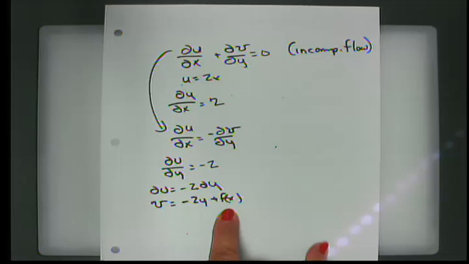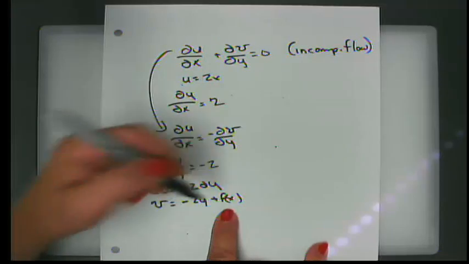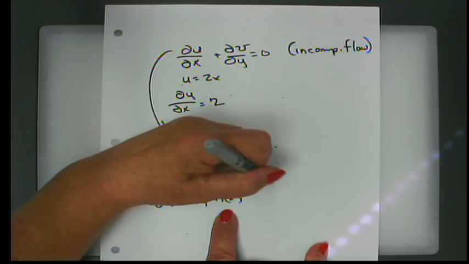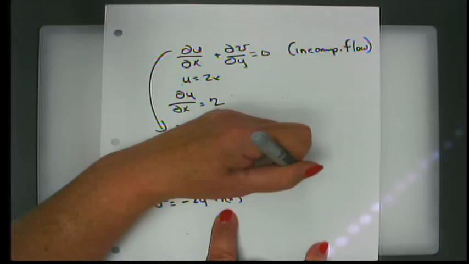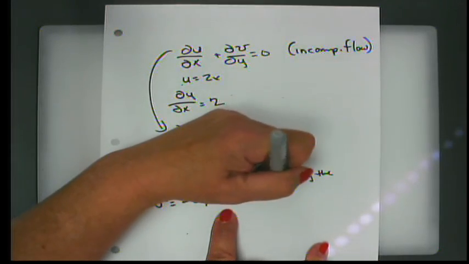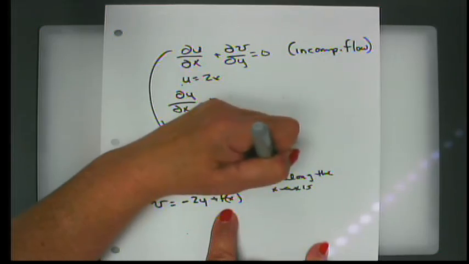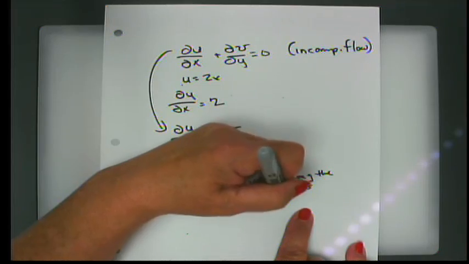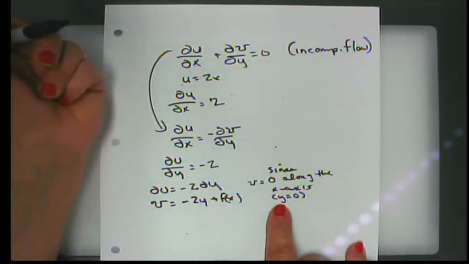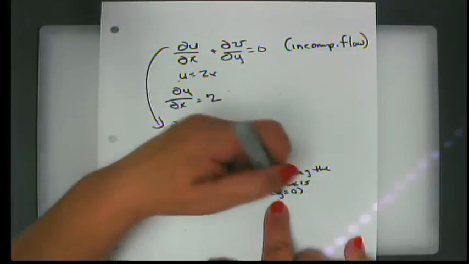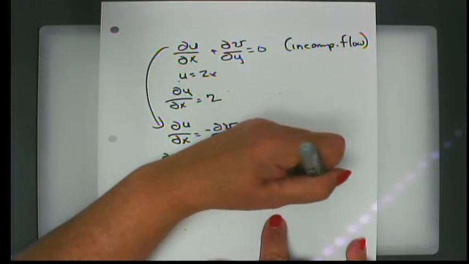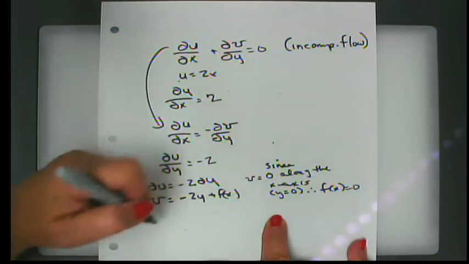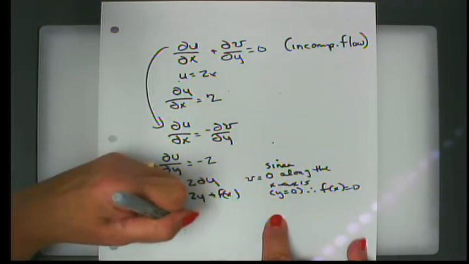However, it tells us in the problem that v is equal to 0 along the x-axis. So since v is equal to 0 along the x-axis, what happens on the x-axis? Well, that means where y is 0. So that means that the function of x must be 0, and therefore v is equal to -2y.